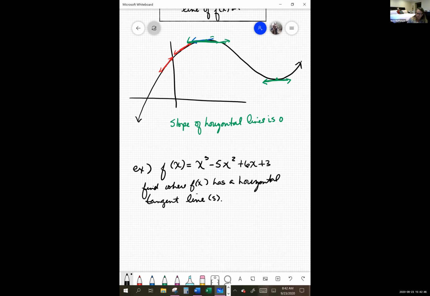And the derivative of a constant is 0. So we have 3x squared minus 10x plus 6. We want to find when this is equal to 0.